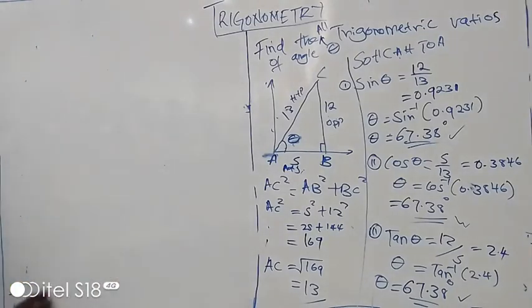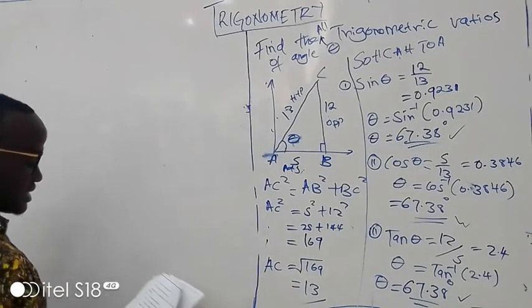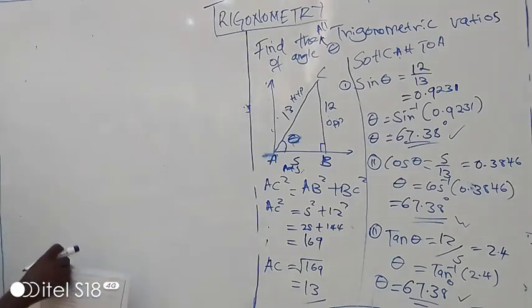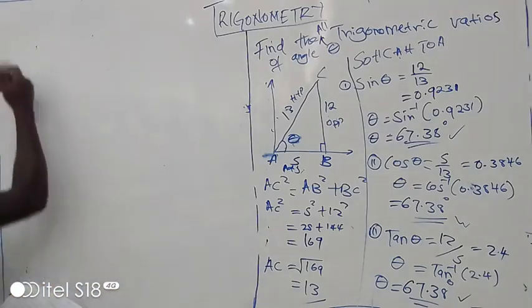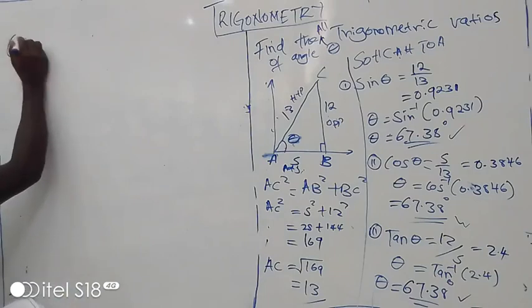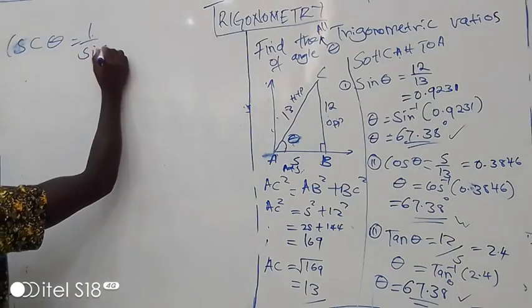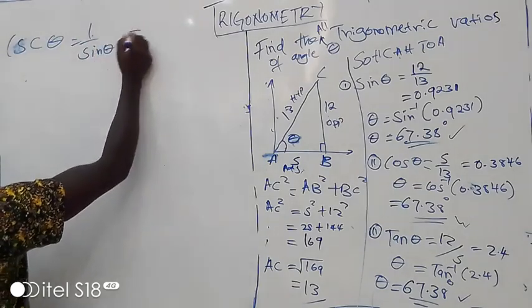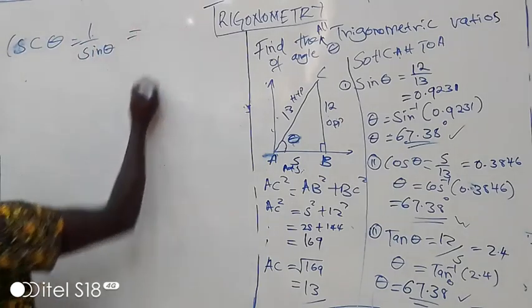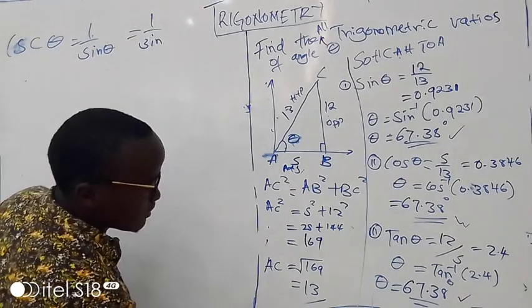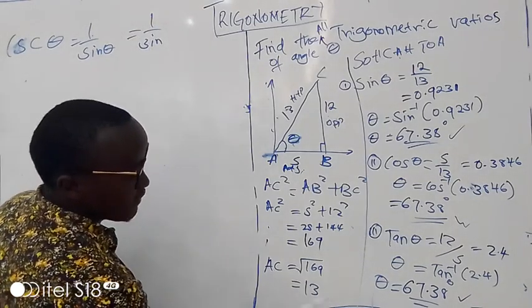Now we are told to find all the six trigonometric ratios. So we are remaining with cosec. Cosec theta is equal to 1 over sine theta, which is hypotenuse over opposite. Let's see 1 over sine.